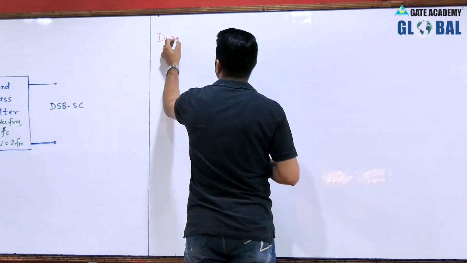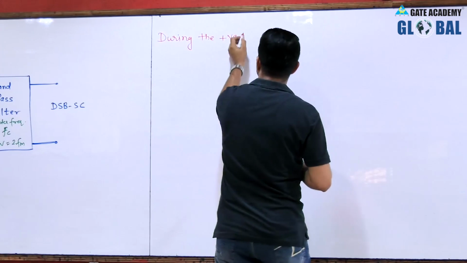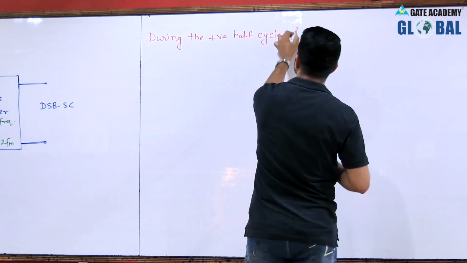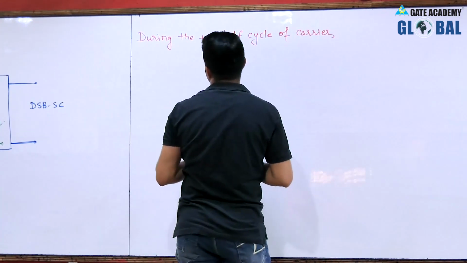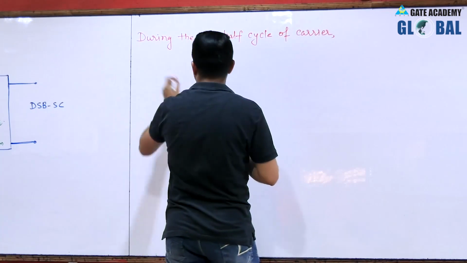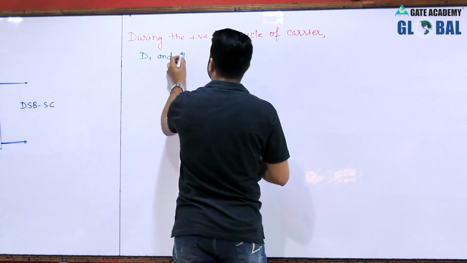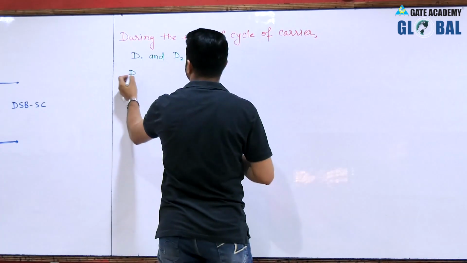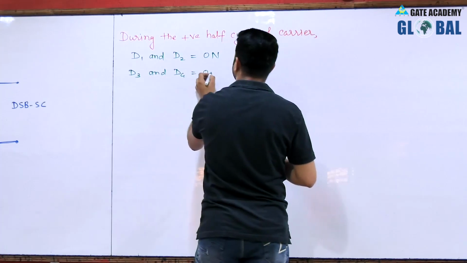So, during the positive half cycle of carrier, diode D1 and diode D2 are on, and diode D3 and D4 are off.